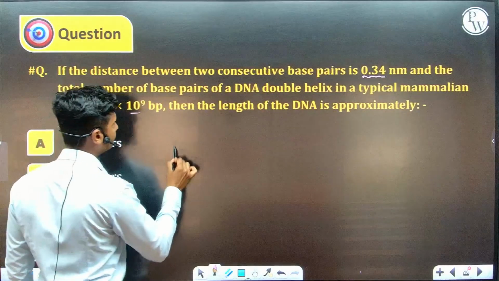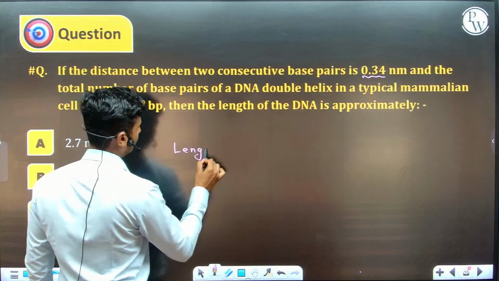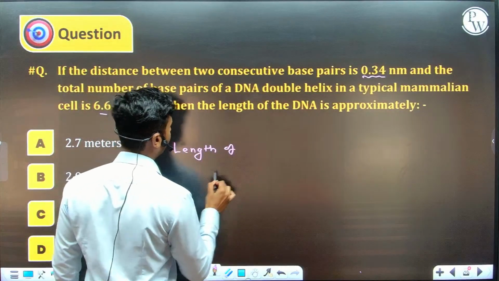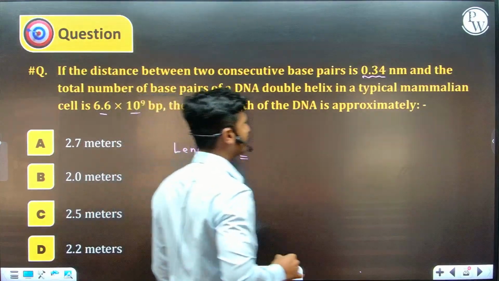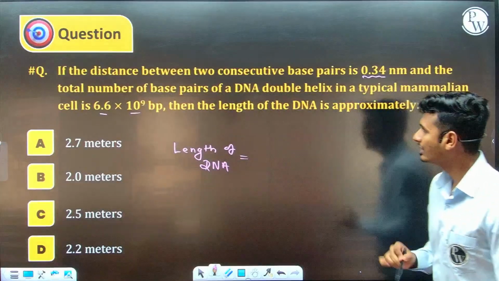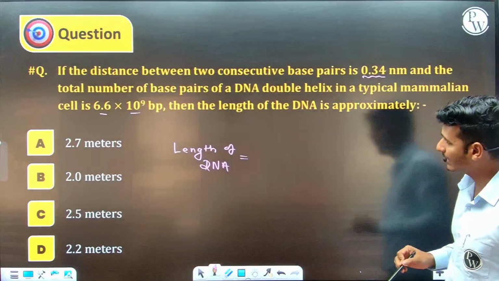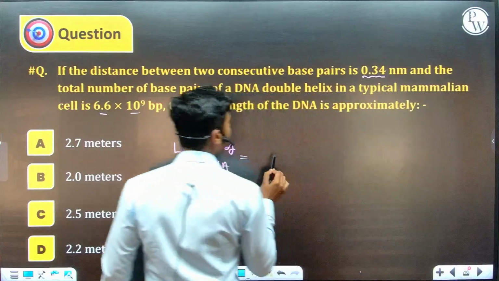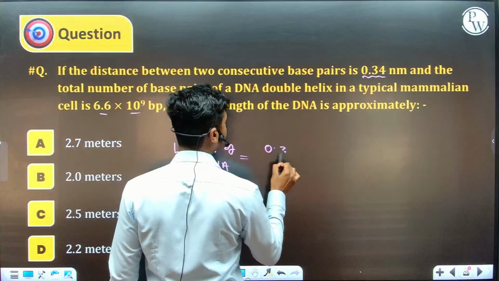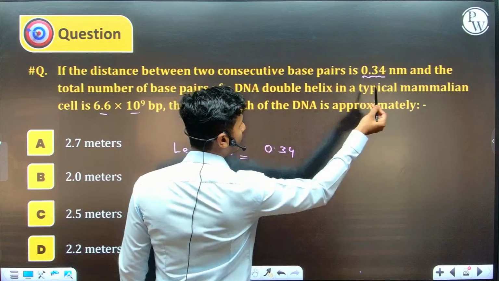Length of DNA is equal to the distance between one base pair into the total base pairs. The distance between one base pair is 0.34 nanometer.